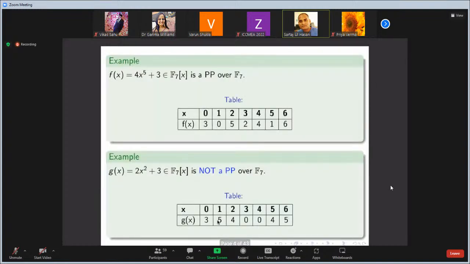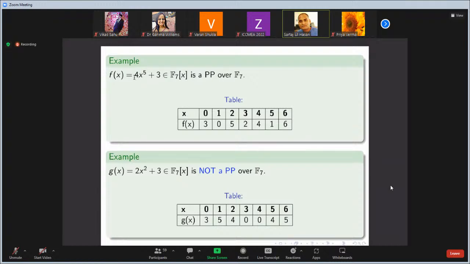Yeah. So now some examples of permutation polynomials. If you look at the polynomial 4x to the power 5 plus 3, where the coefficients are coming from the finite field F7, F7 is basically 0, 1, 2, 3, 4, 5, 6. The image of 0 under this map, f(0), is 3. You plug in 0, then you get 3.